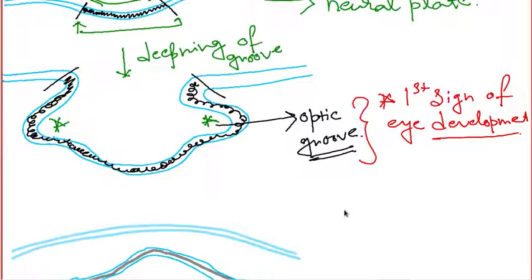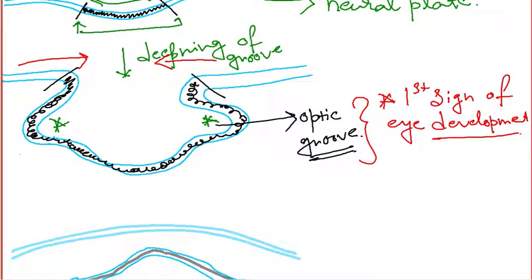Now after deepening occurs, when the folding occurs in the embryo, this left side will go to the right side and the right side will go to the left side.